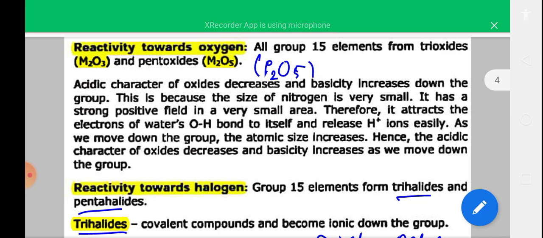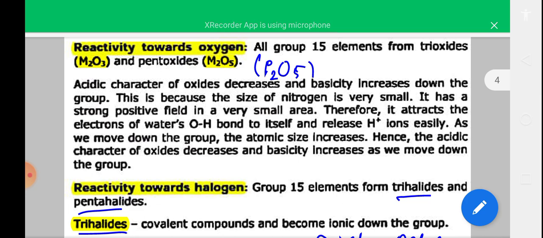Now see reactivity towards oxygen. Group 15 elements form trioxides like M2O3 and pentoxides like M2O5. This M is a general representation: M2O3 like N2O3, P2O3, or M2O5 like P2O5. Group 15 elements form trioxides and pentoxides, and these are acidic oxides. The acidic character of these trioxides and pentoxides decreases, and basicity increases down the group.